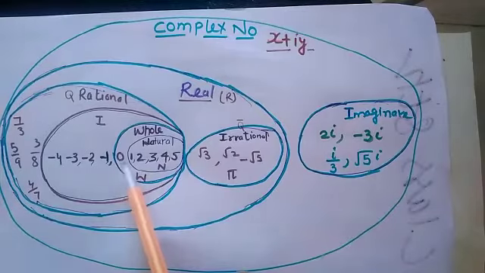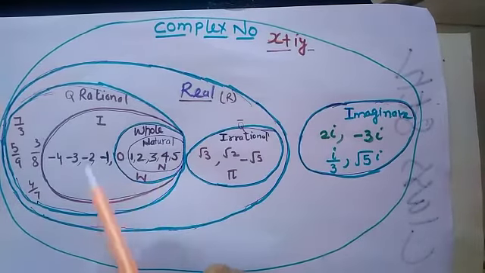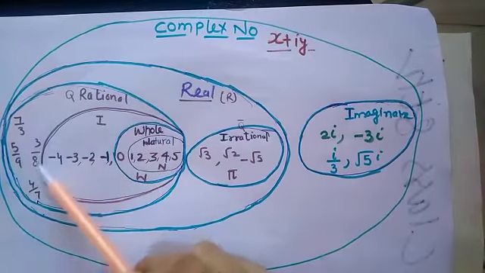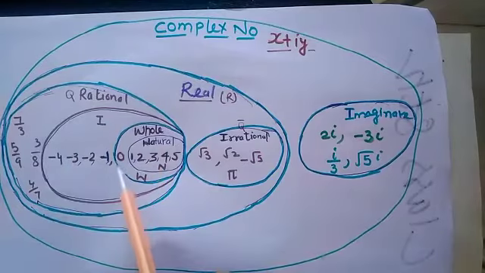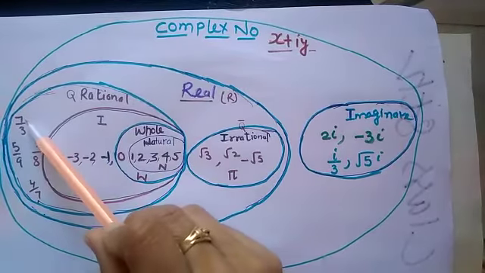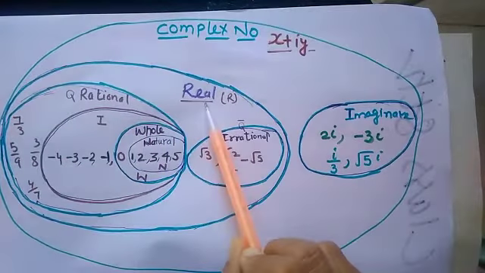If it contains 0, it will become whole numbers. And if it contains negative numbers, it will become integers. And this is the form of the rational number. So all these we contained in real numbers.